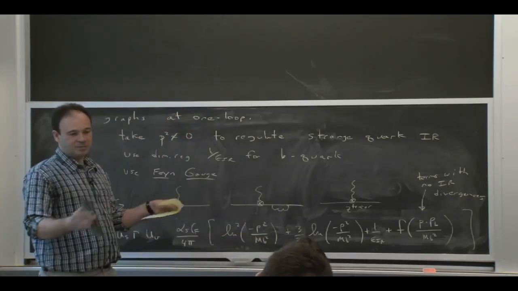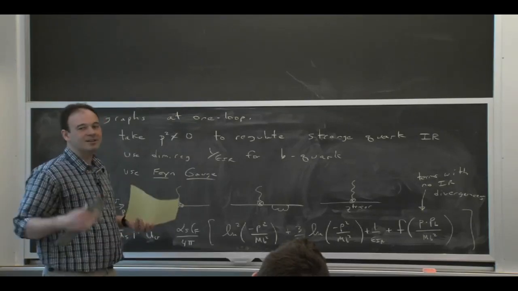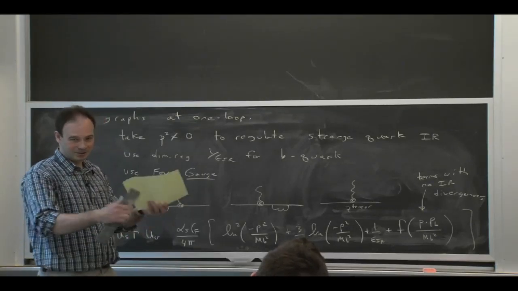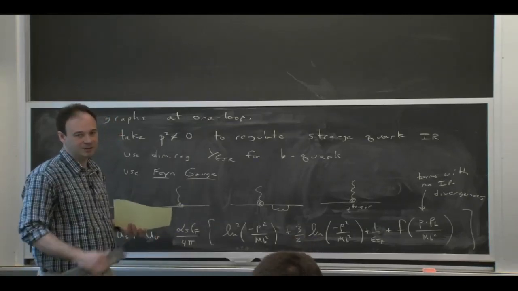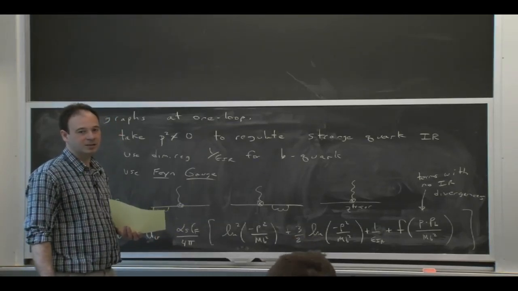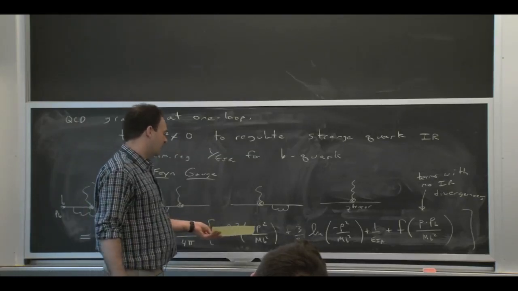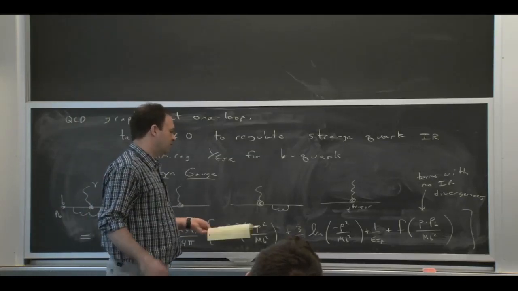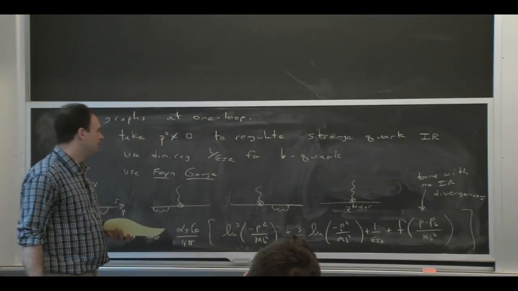So the IR divergence would become some physical scale, like the mass of the jet. IR divergences would turn into something physical, right? If you put this into a physical cross-section. And that's exactly basically what would happen. These p squareds would become sort of the mx squareds that we talked about when we talked about beta s gamma.